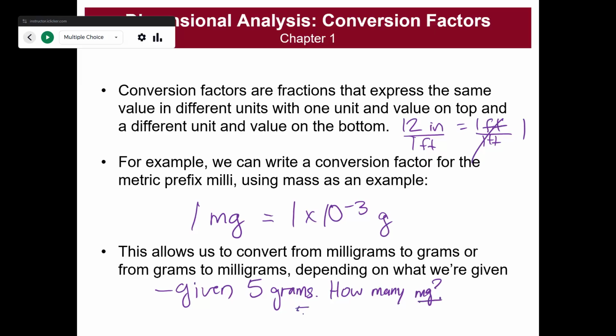So we're going to take our 5 grams and multiply it by our conversion factor, but we want to do it so that milligrams is on top, and that's what we end up with, and the grams are on the bottom so that we can cancel them out, because if we have grams on top and grams on the bottom, they cancel out.